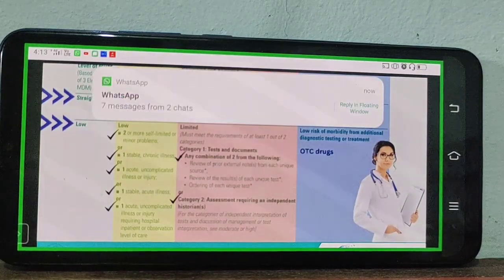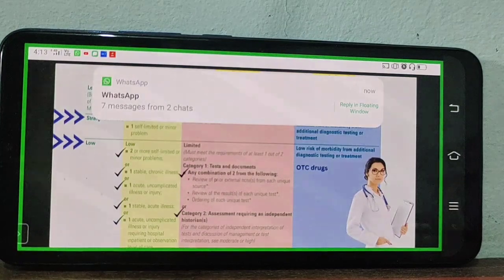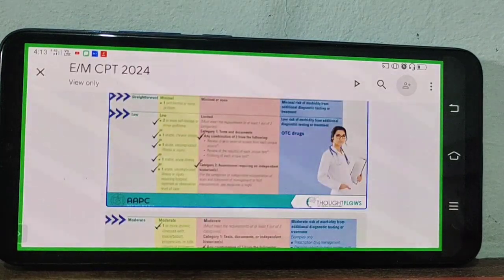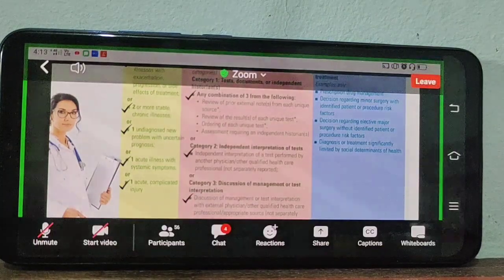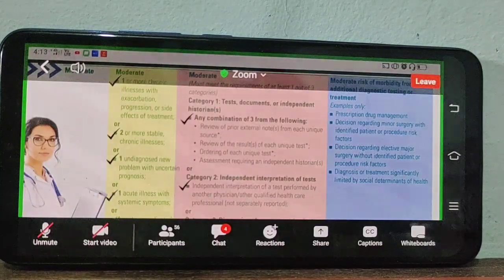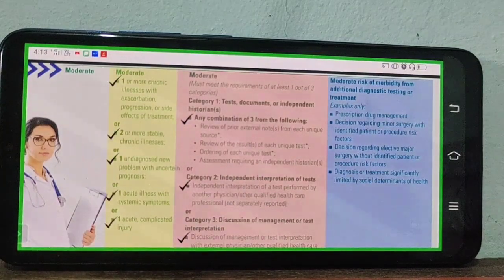But in moderate MDM, the chronic condition has progressed, worsening. For example, CKD stage 1 to stage 2, or CKD stage 2 to 3. That is, the condition has progressed from lower severity to higher severity. So that will lead us to the moderate MDM.